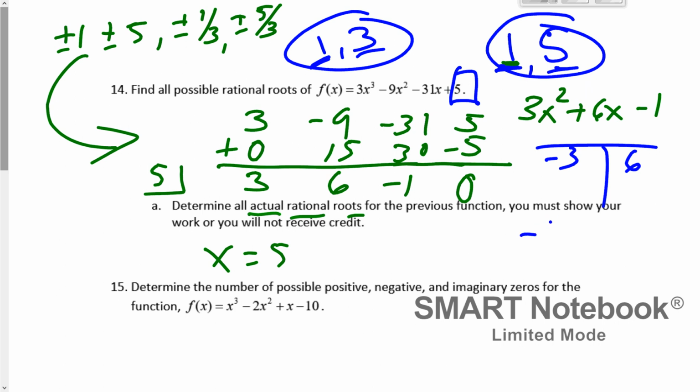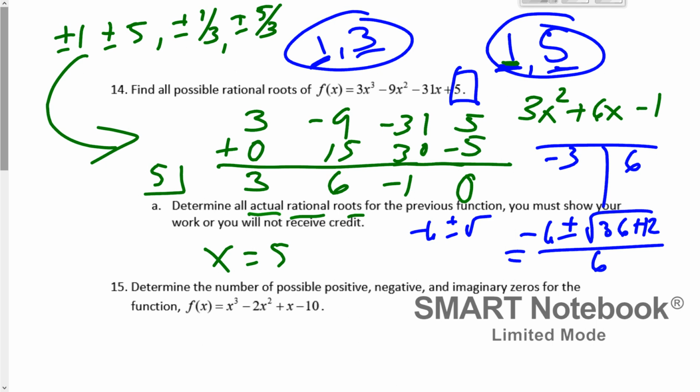My negative b, so negative 6, plus or minus the square root of b squared minus 4a, so that's 12 times c, which is negative 1, so that'd be plus 12. So that's 48, all over 2a, so all over 6. So I could reduce this: negative 6 plus or minus the square root of 48. So 16 goes into that 3 times, right?